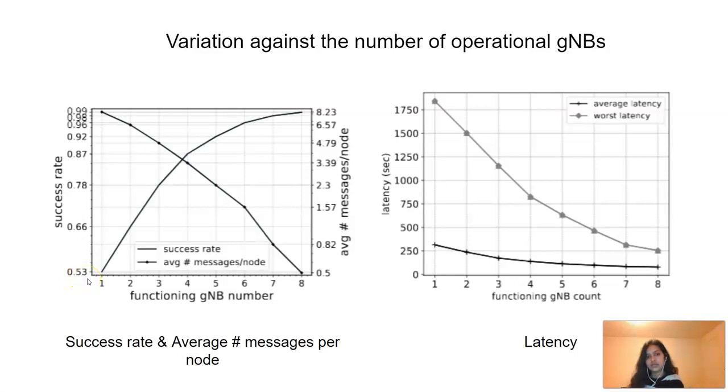That means more than 50% of the calls are successfully reaching the base station from this mHealth protocol. And it can be seen that the average latency of the protocol in the worst case scenario is about 300 seconds, and the worst latency when only one base station is working is about 1800 seconds, which is about 30 minutes.